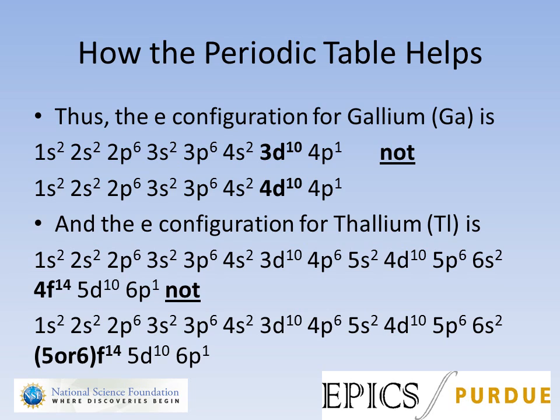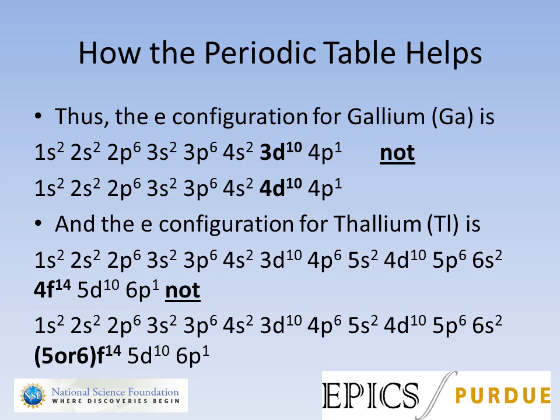For example, the electron configuration for gallium is 1s2, 2s2, 2p6, 3s2, 3p6, 4s2, 3d10, 4p1, not 1s2, 2s2, 2p6, 3s2, 3p6, 4s2, 4d10, 4p1.